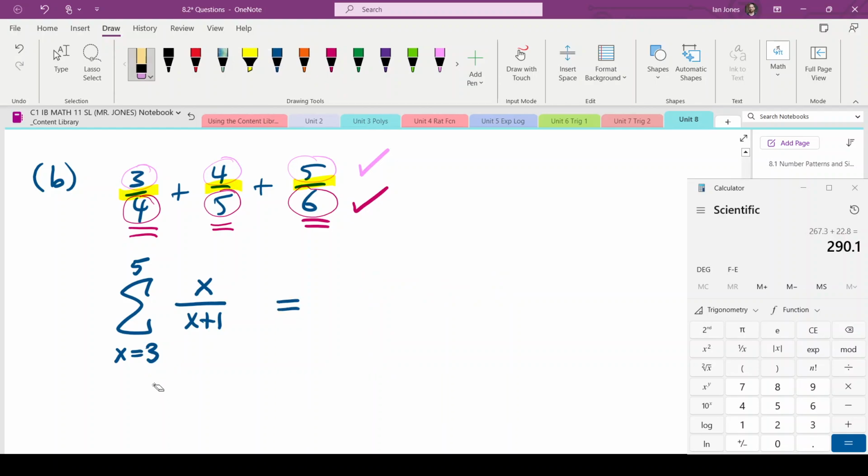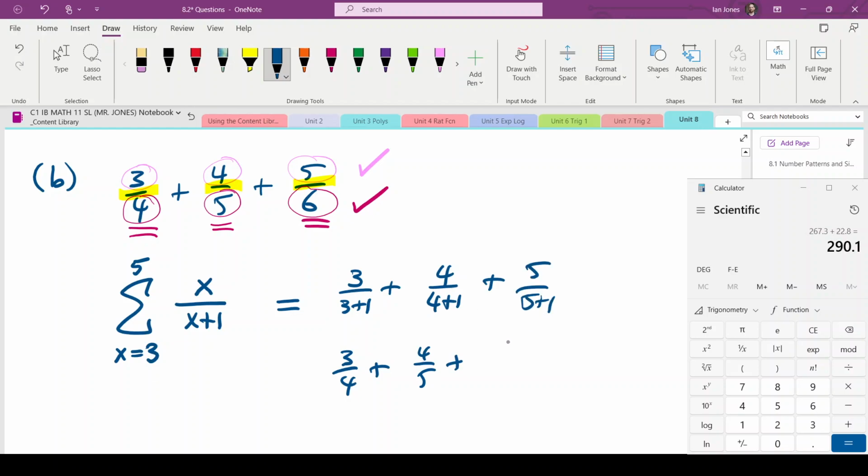So this summation notation says I put a 3 where I have the x's. 3 over 3 plus 1, that's 3 over 4. Good. Then I increase the 3 to a 4, so then I have 4 over 4 plus 1, that's 4 over 5. Good. Then I increase it from a 4 to a 5, I have 5 over 5 plus 1, that's 5 over 6. Good. Okay, so this works.